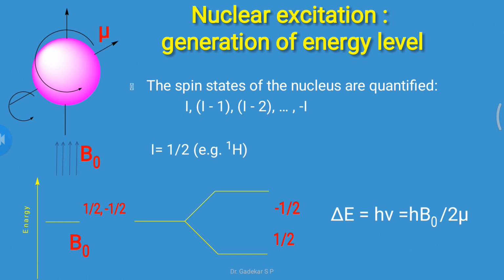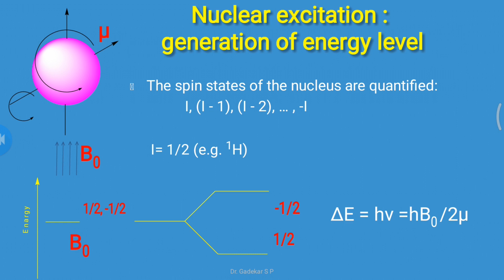The spin states of the nucleus are quantified such as I, I minus 1, I minus 2, or minus I. Here I is equal to 1/2, for example hydrogen.